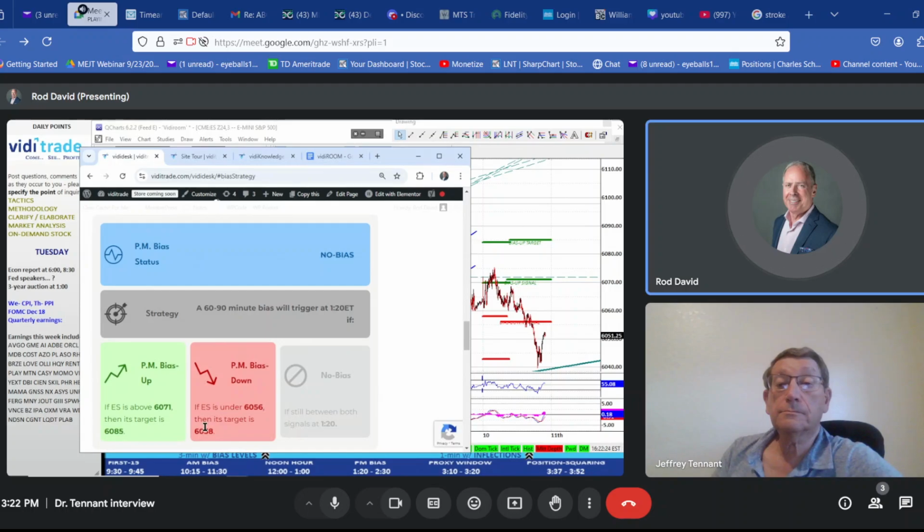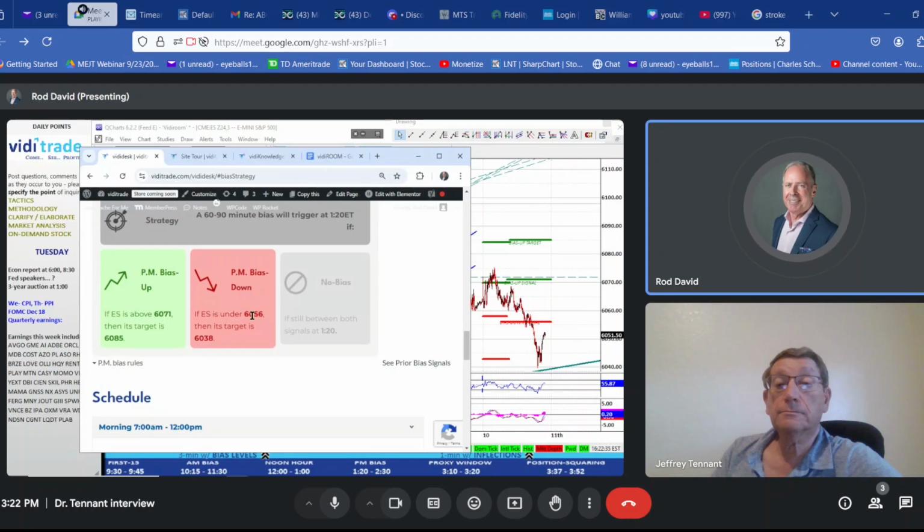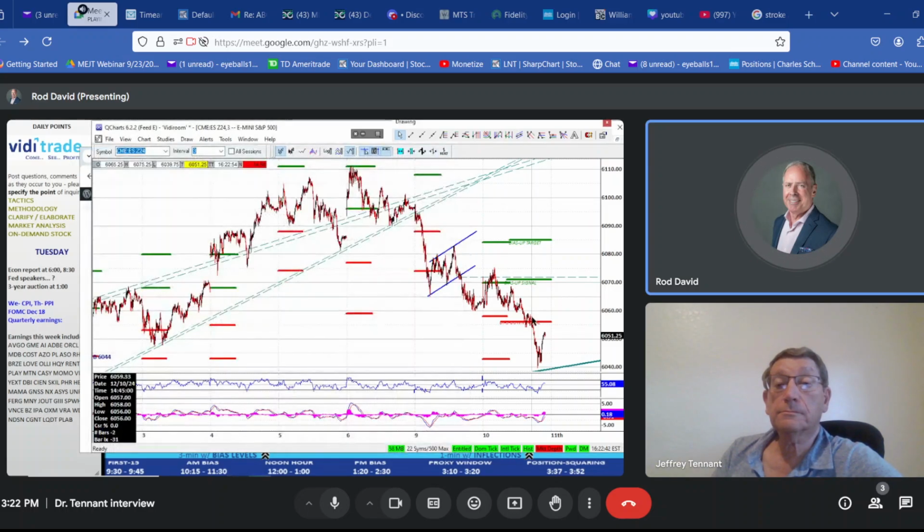And these are relevant levels anytime. They're just highly reliably influential and likely when they're triggered on a timely basis. So you can see we definitely probed under 60.56, but it was after 1:20. 60.56 is this afternoon's bias down signal. Here I'll get more granular on it with a 1 minute.